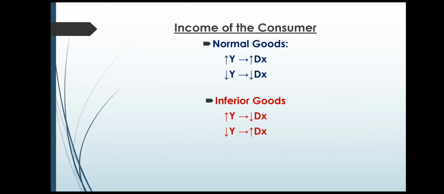With a fall in income, there is a fall in demand. But there is an inverse relationship in the case of inferior goods. Whenever there is an increase in income, there is a fall in demand for inferior goods, and whenever there is a fall in income, there will be an increase in demand for inferior goods.